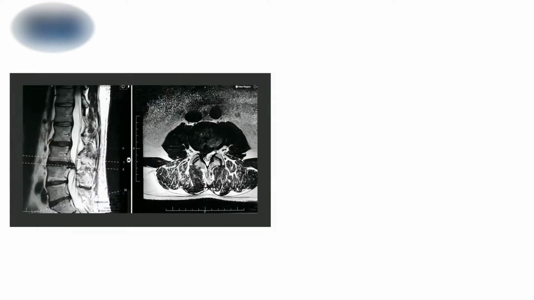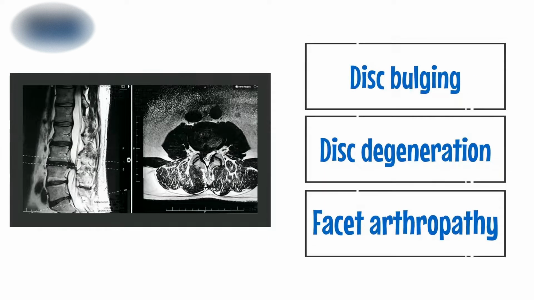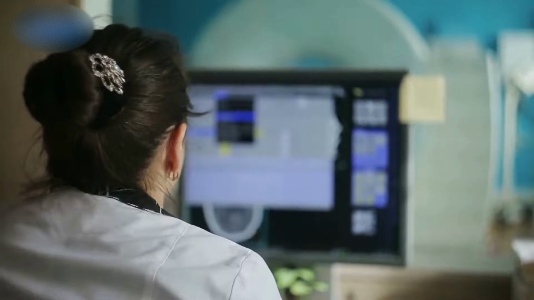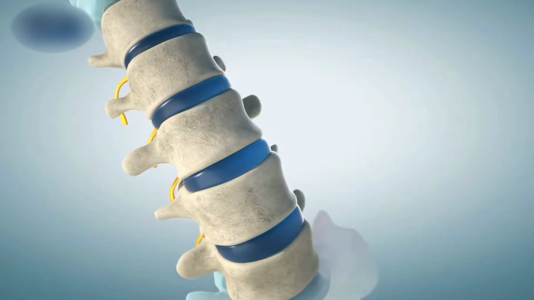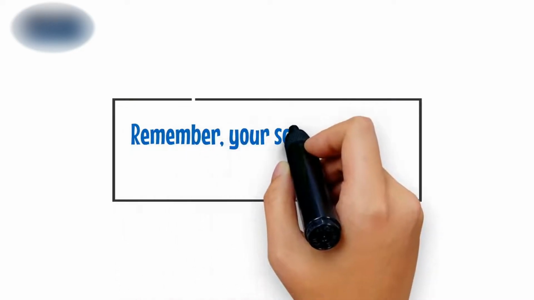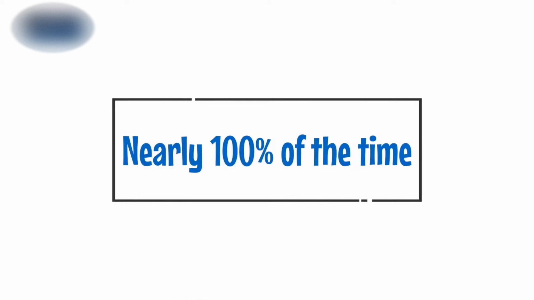However, if it shows disc bulging, disc degeneration, annular tears, or facet arthropathy, it would be much better if the radiologist described the MRI scan as showing natural changes that occur to the spine with time. Remember, your scan is going to be abnormal, nearly 100% of the time.